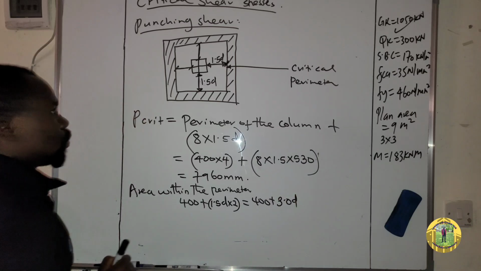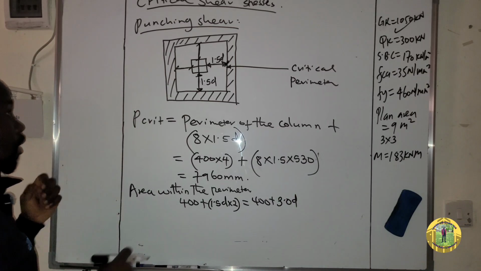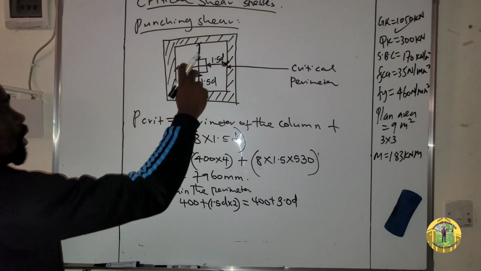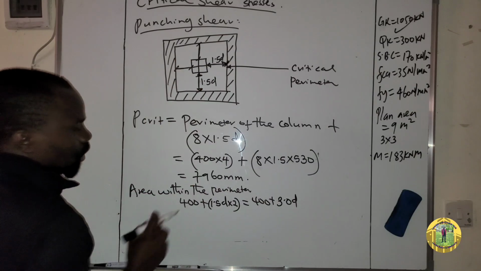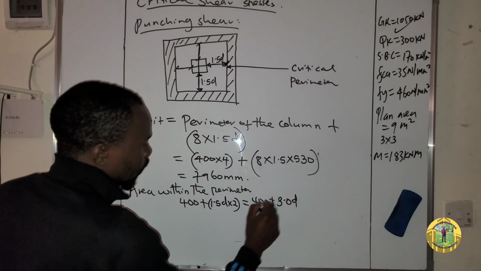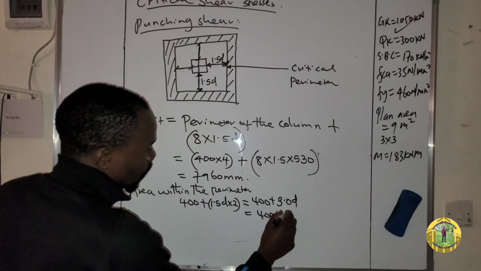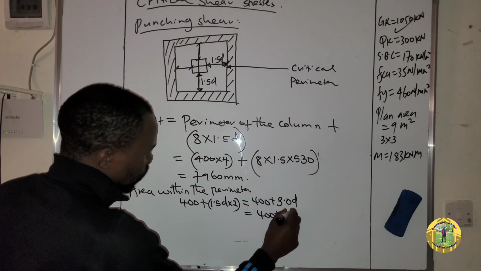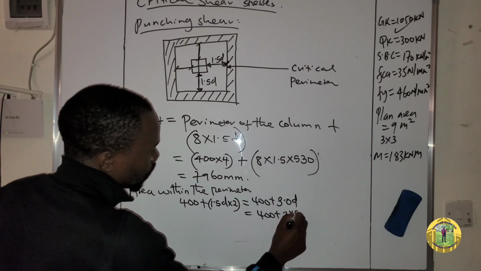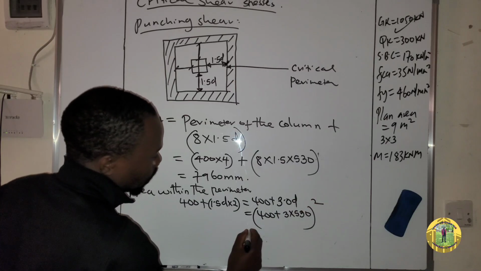So the area is this. Area is length times width. So for this, it will be the square of this. So the area is equal to 400 plus 3 times d, where d is 530, then square.